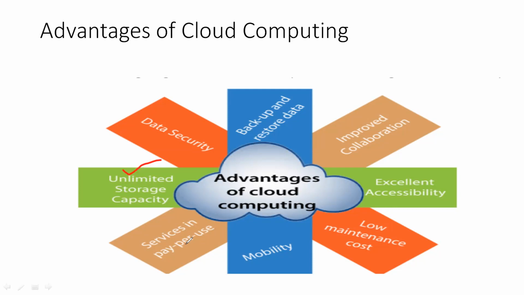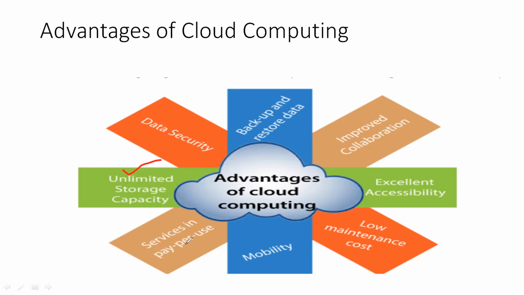One more advantage is that for whatever service you are using, only for that service do you have to pay. If we are using an AWS data center, the Mumbai region, there are many services available on that data center, but you are not paying for all the services. Whatever service you use, only that service you pay for.